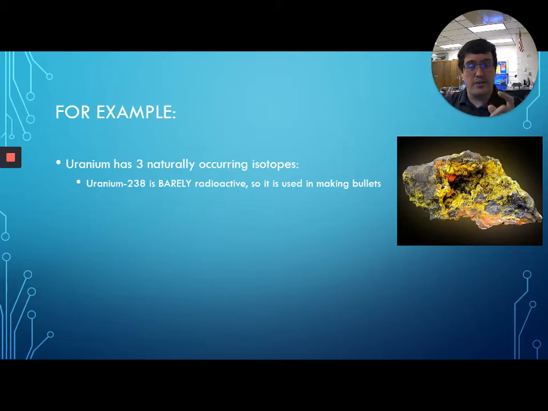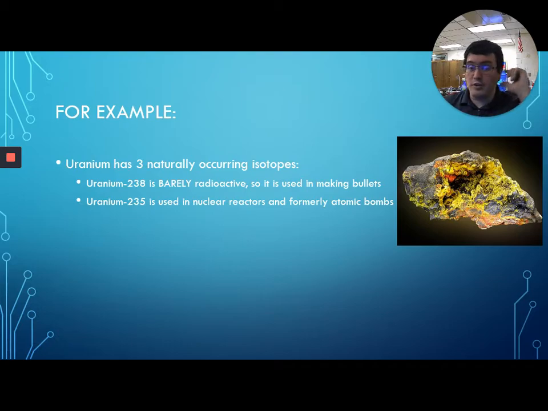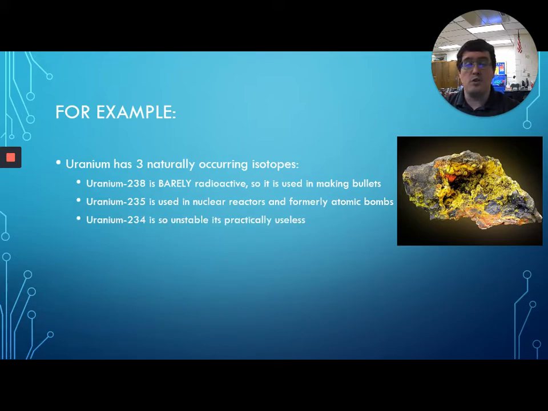And because uranium is more dense than lead, those bullets are actually much more effective than lead bullets. Interesting fact for you there. Uranium-235 is the isotope we use in nuclear reactors, and we used to use in making atomic bombs. They're both radioactive, but only 235 is useful in nuclear reactors and atomic bombs.